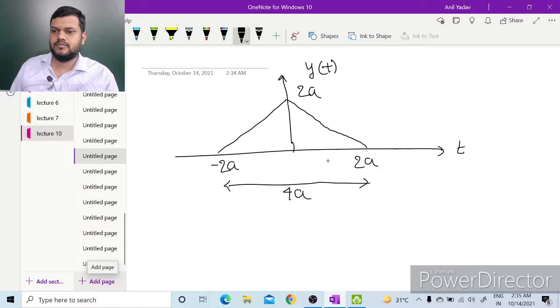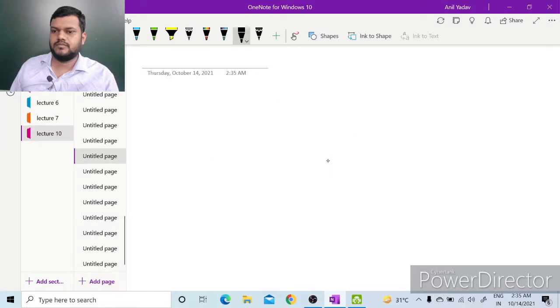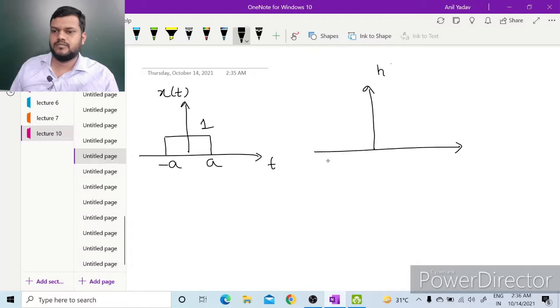Let me take another example. Let us say xt is a rectangular pulse from minus a to a with amplitude 1, and let us say ht is another rectangular pulse from minus b to b with amplitude 1.